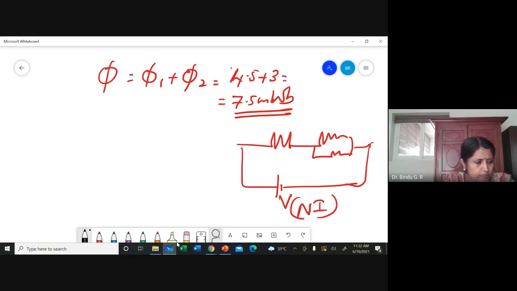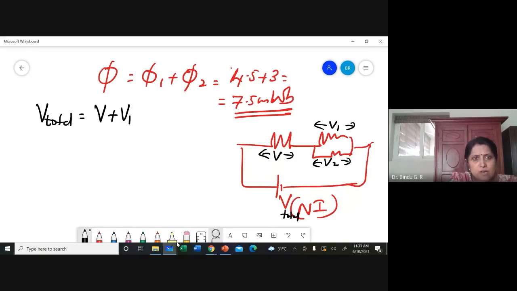This is V total. Let me take this as V total. This is V, this is V1, this is V2. Now, my idea is to find out V total. V total will be V plus V1 or V plus V2, because I know V1 and V2 are the same.